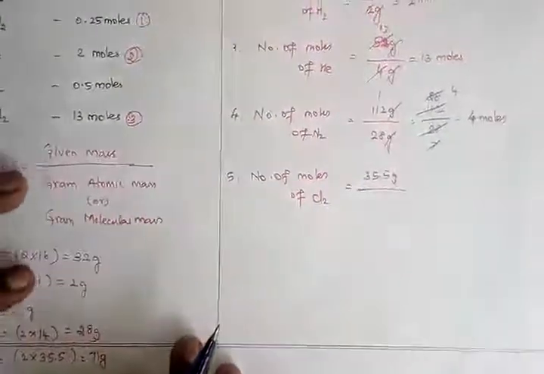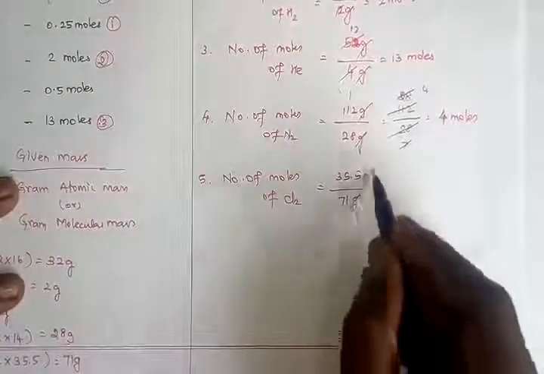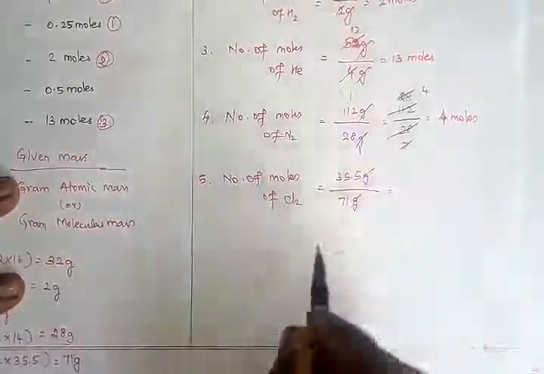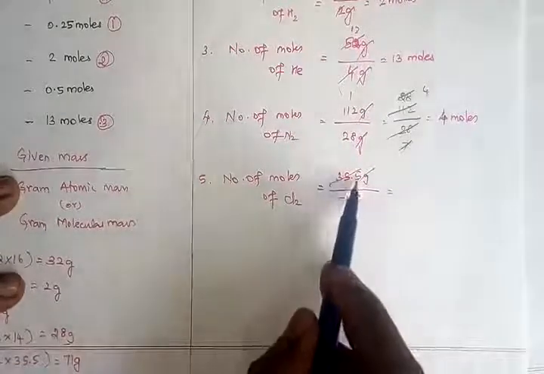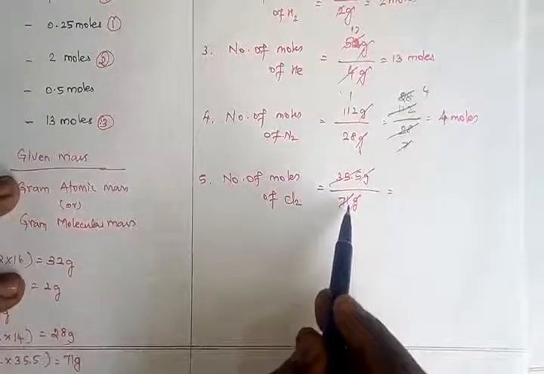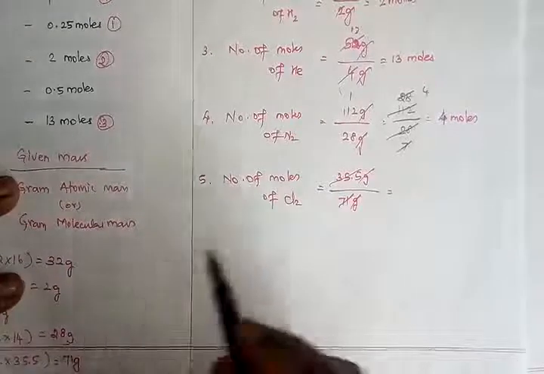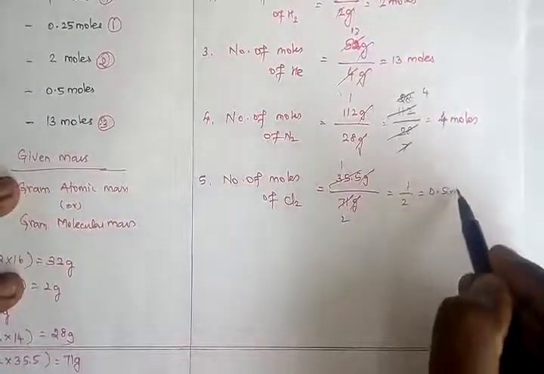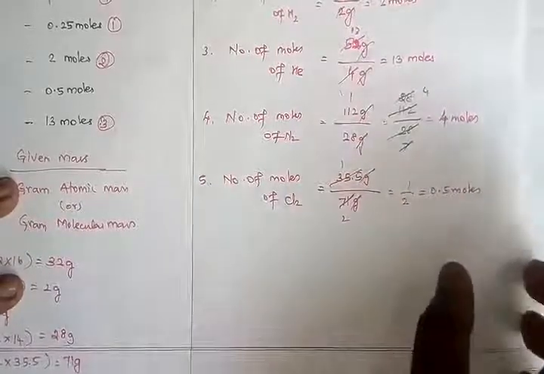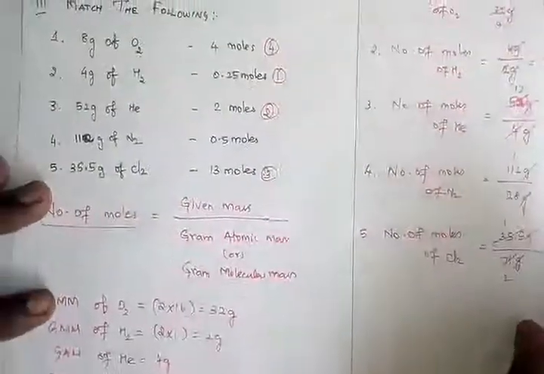Grams get cancelled. We can easily say 35.5 into 2 is 71. So this is 1 time, this is 2 times. So 1 by 2 is equal to half a mole, or 0.5 moles. Yes, that's the final option given.